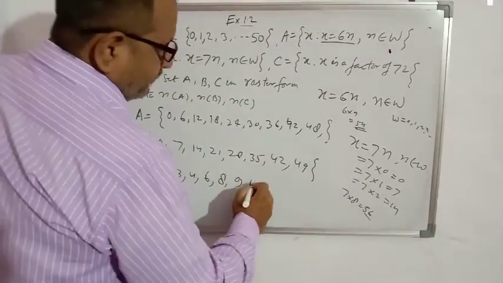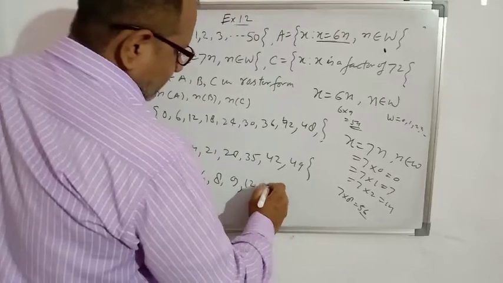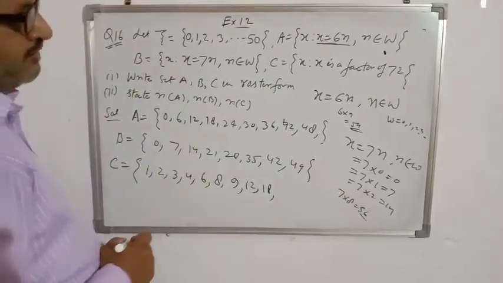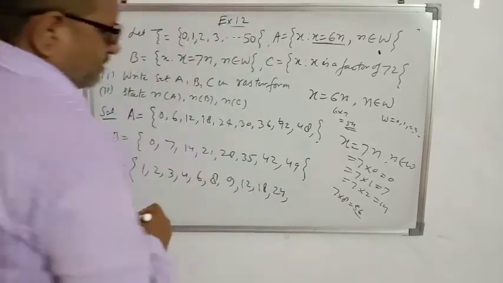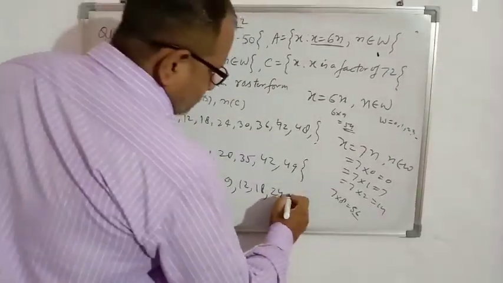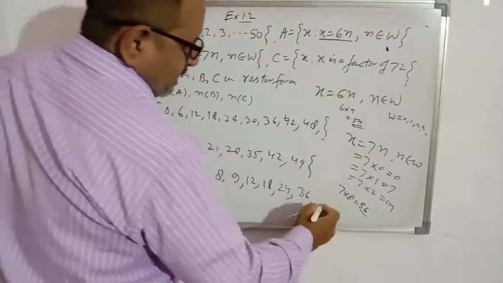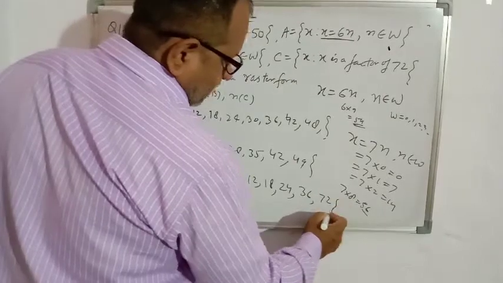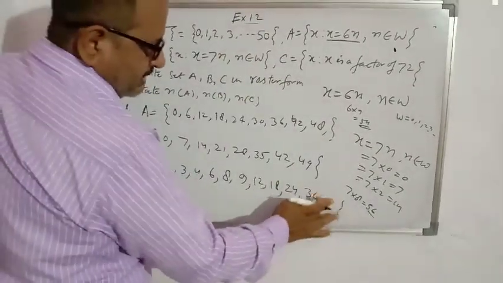After 9, 12, and after 12, 18. 18 4s are 72. Then 24, 24 3s are 72. 36, 36 is also a factor of 72, and 72 also divides, but 72 does not lie in the universal set, so we will not take 72.